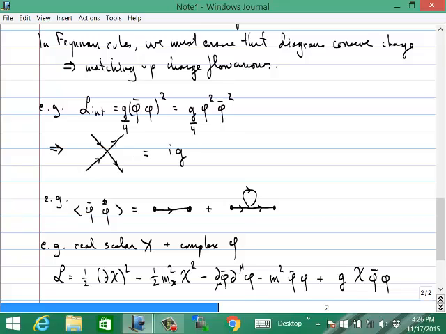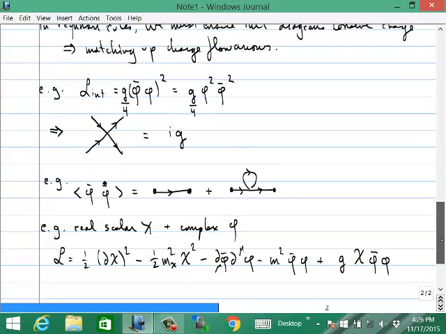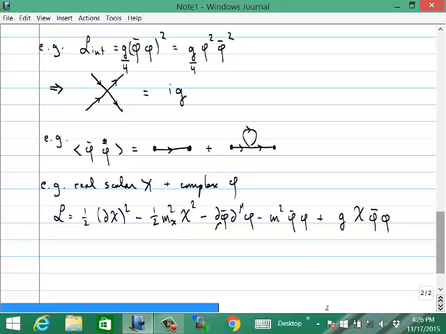And in order for that term to be invariant under the charge rotation symmetries, it needs to be a chi phi bar phi. Then if we wanted to compute scattering amplitudes in the theory, we would have two different types of propagators. So I'll use a dotted line to denote a chi propagator, which is given by the usual formula of i over p squared minus m chi squared plus i epsilon.